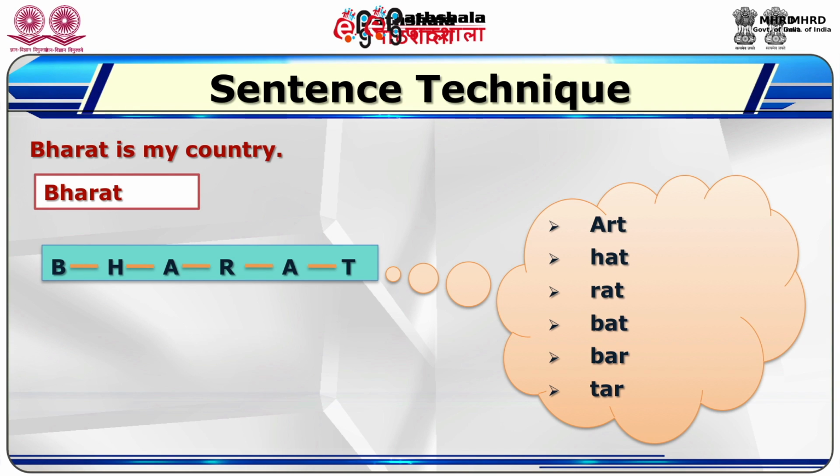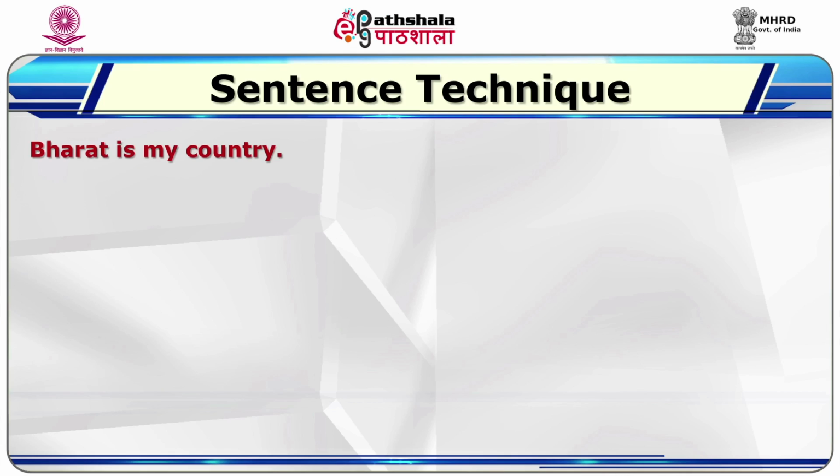Now the same exercise will be explained by Professor Vandana Chakravarti. Now let us look at this sentence, Bharat is my country. From this sentence, the teacher selects one word, Bharat.